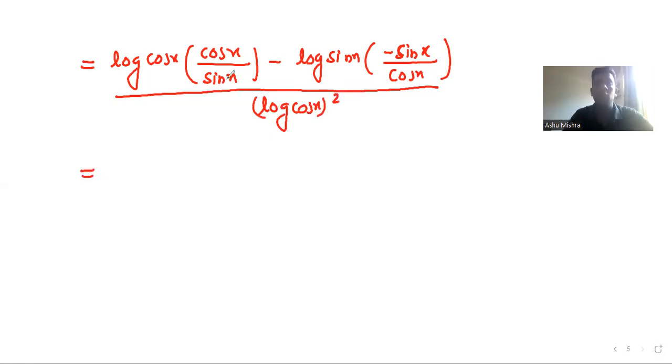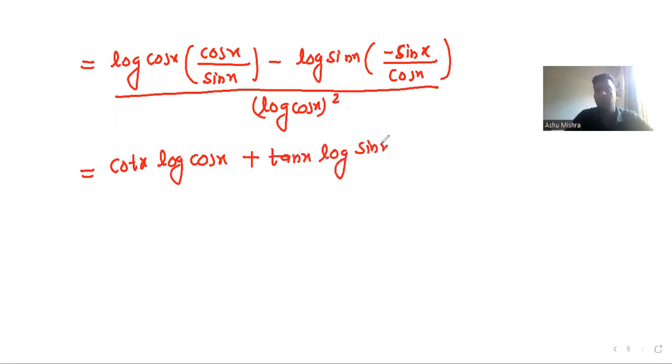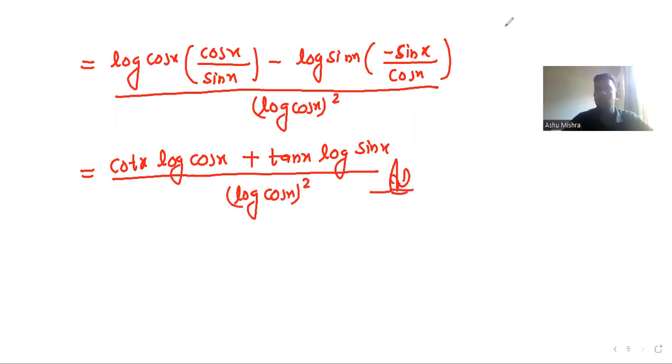That means you know very well cos upon sin is cot x. It will be cot x log cos x, minus minus plus, sin upon cos is tan x log sin x, upon log cos x whole square. This is your final answer of this type of question.